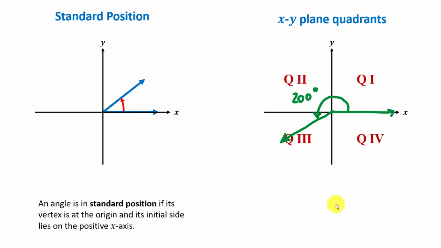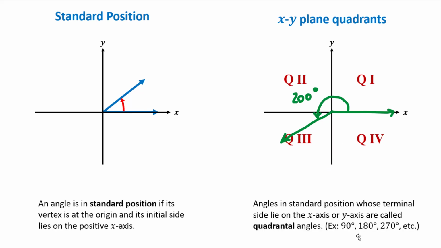And of course, we know that there are angles that terminate not in a quadrant, but right on the axis. For example, a 90-degree angle will terminate right here on the positive y-axis. A 270-degree angle will terminate here on the negative y-axis. These types of angles are called quadrantal angles.